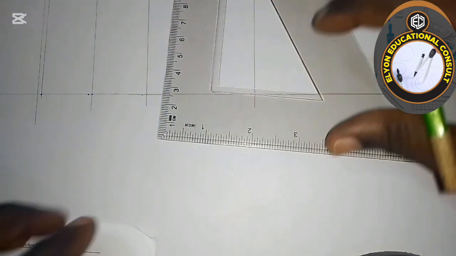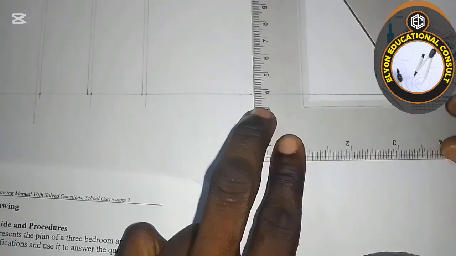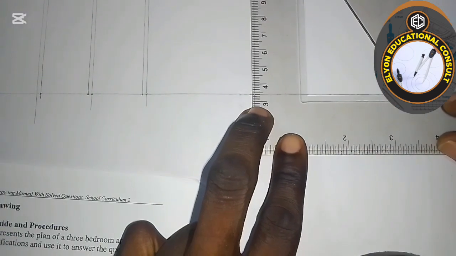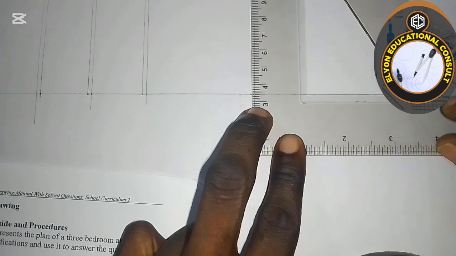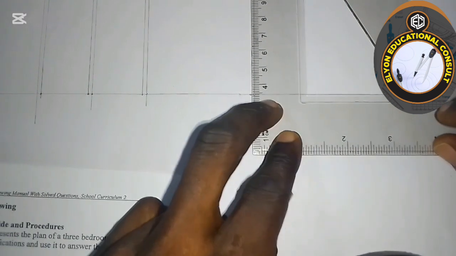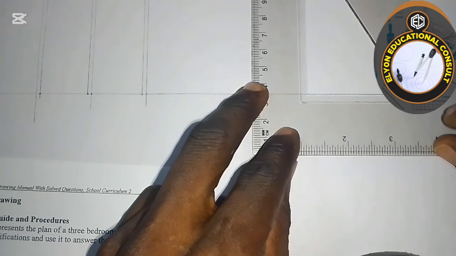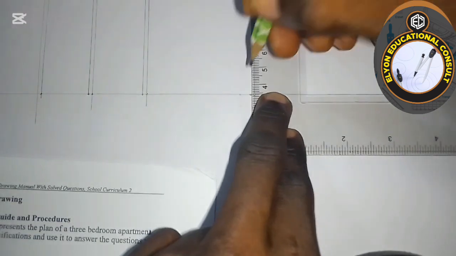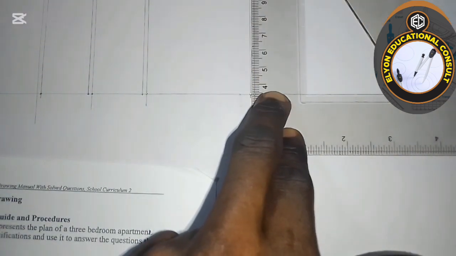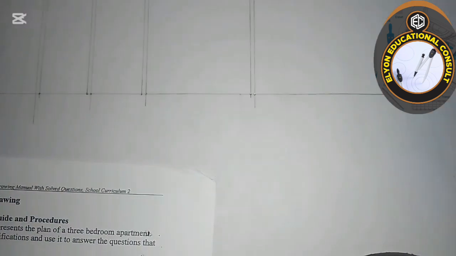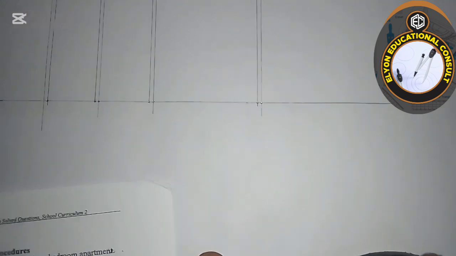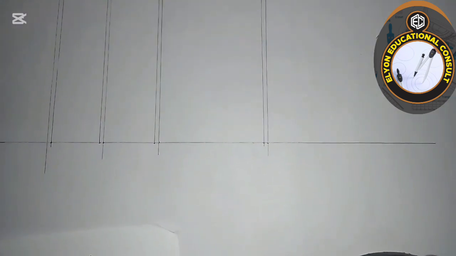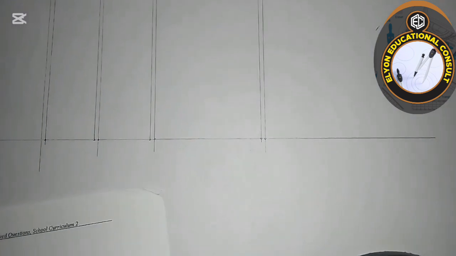You have that. Okay, this side, so we have those thicknesses drawn out that way.